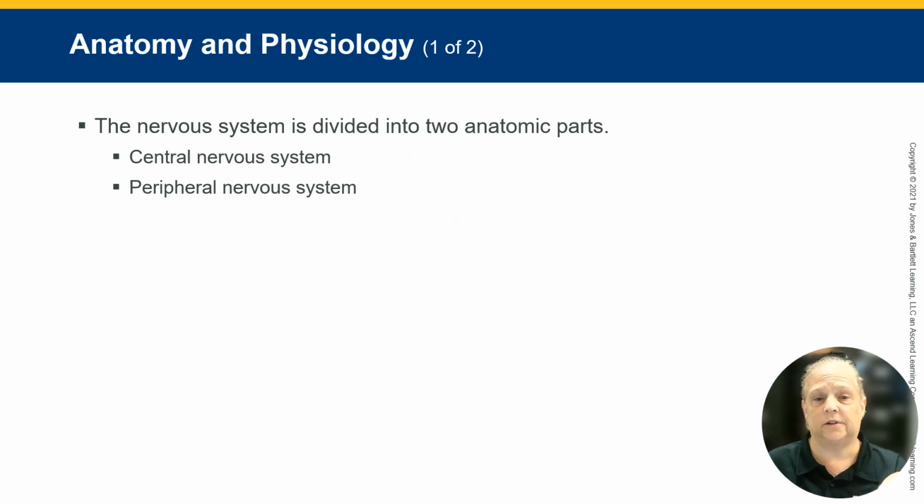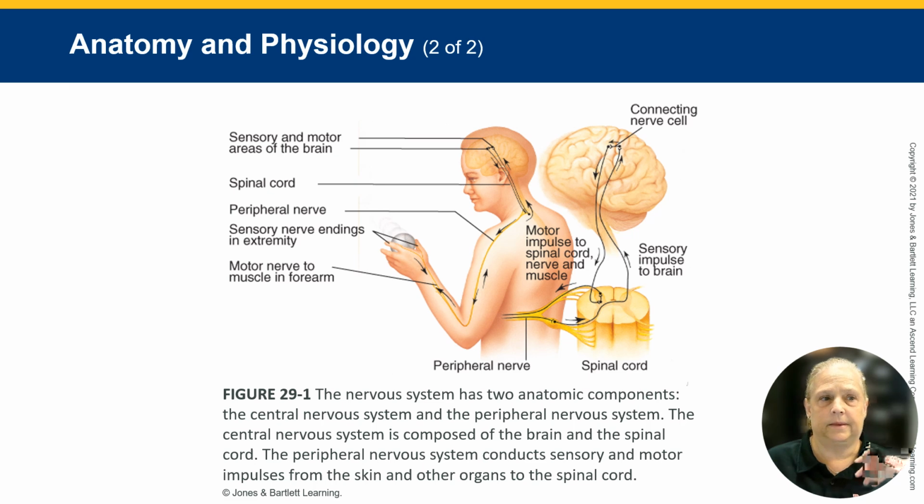We've got our central nervous system, that is the brain and spinal cord, and then our peripheral nervous system, that's all the other nerves in the body. Here's the example of the diagram of the brain and spinal canal nerves, showing how the pathways are.